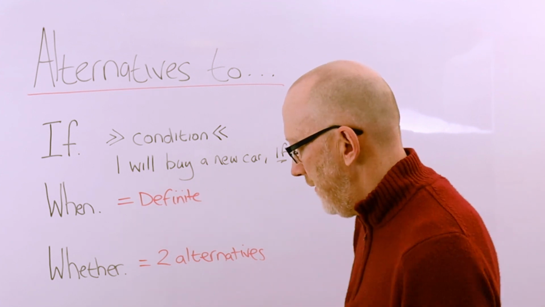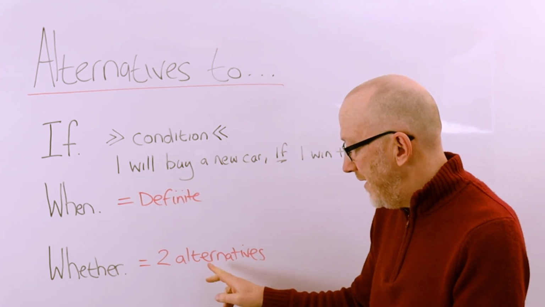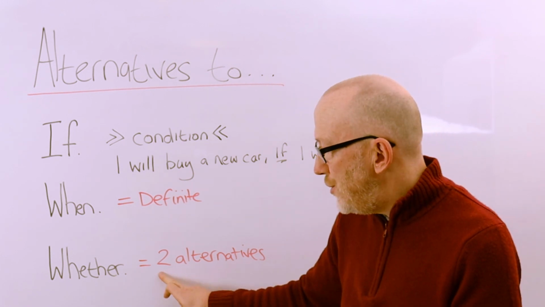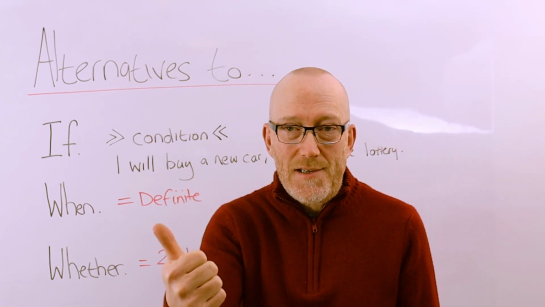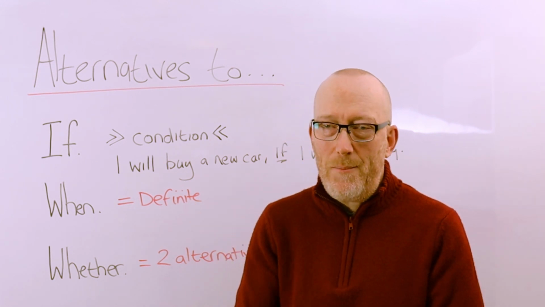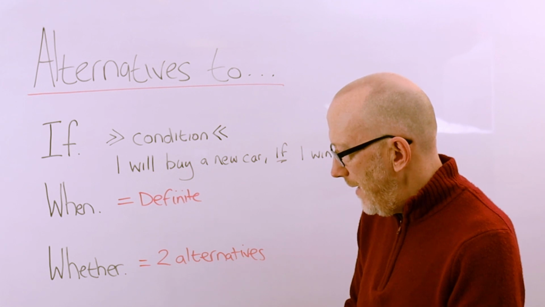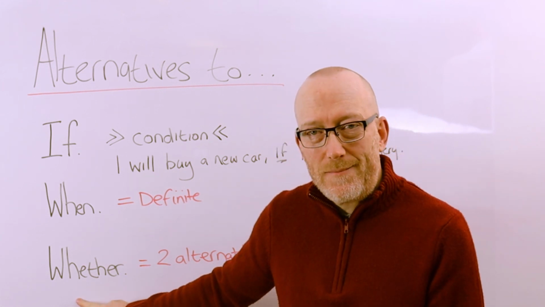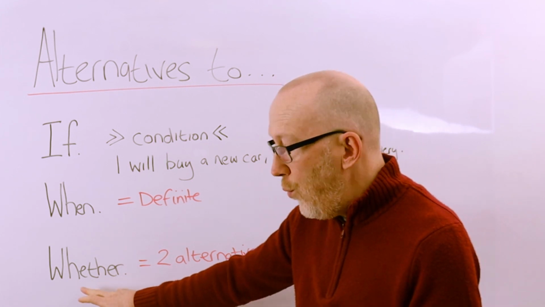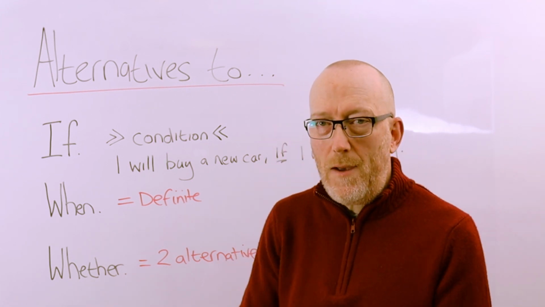On lots of occasions, you might want to give somebody alternatives, particularly two alternatives, yes or no, black or white, pizza or pasta. And that's where whether comes in. So you might say, I don't know whether you would like pizza or pasta.